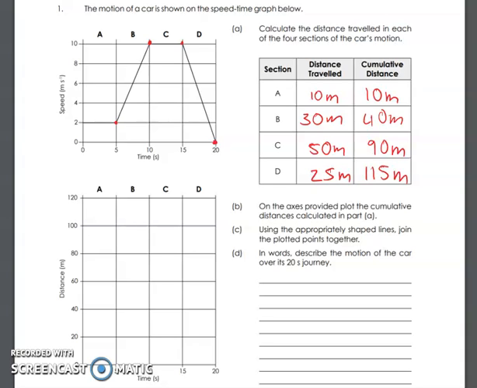Okay, now we're going to start plotting those cumulative distances on our distance time graph. So at the end of section A, or at the end of 5 seconds, they had travelled 10 metres, which is about there. At the end of section B, or after 10 seconds, they were at 40 metres from the start.